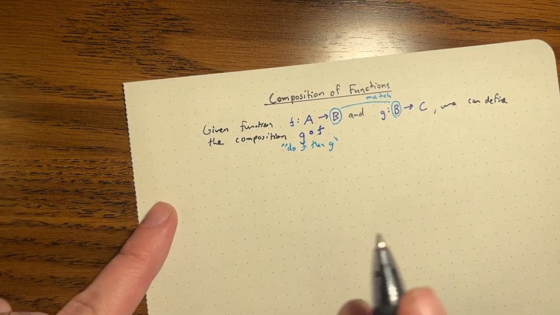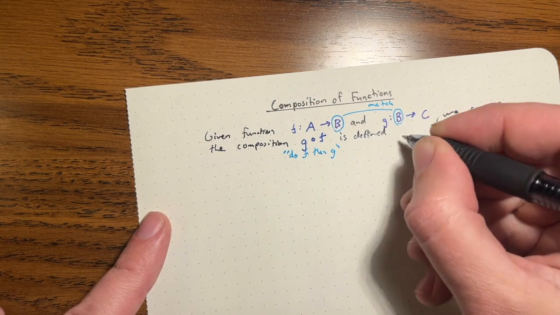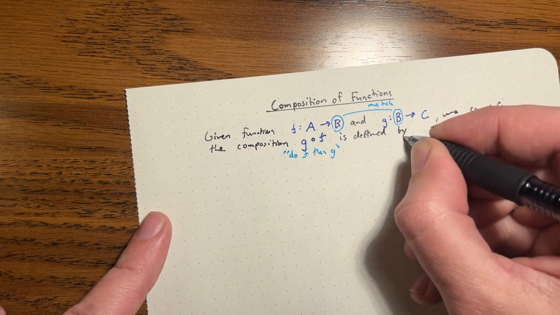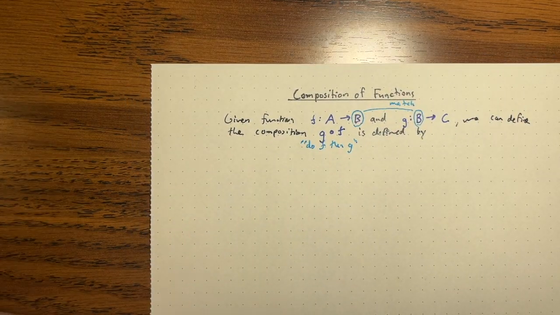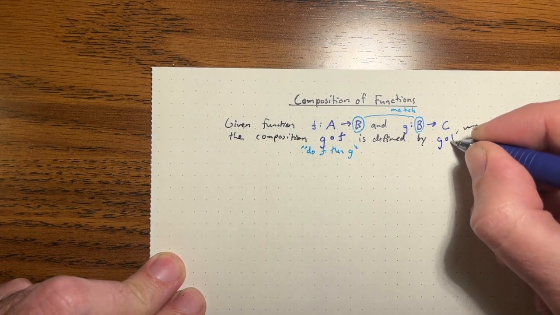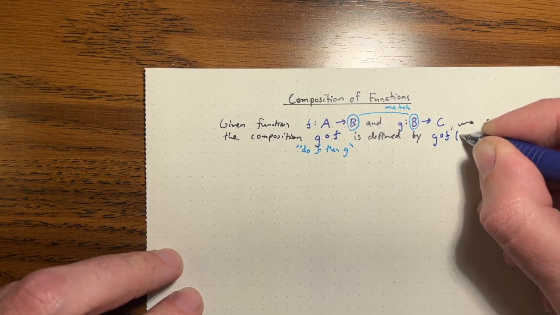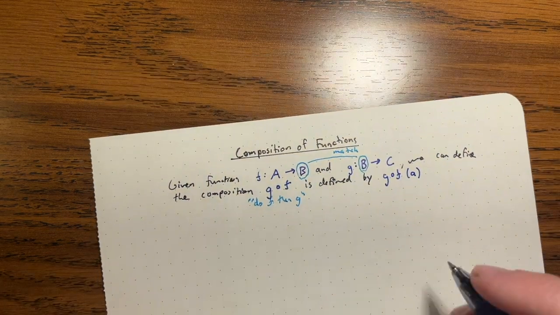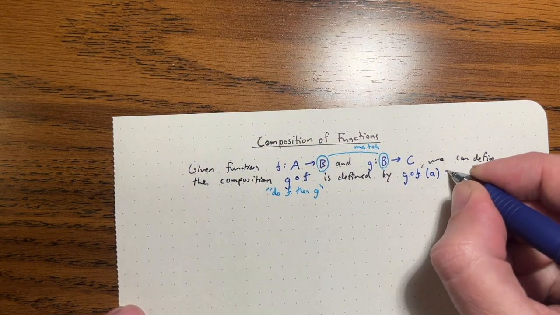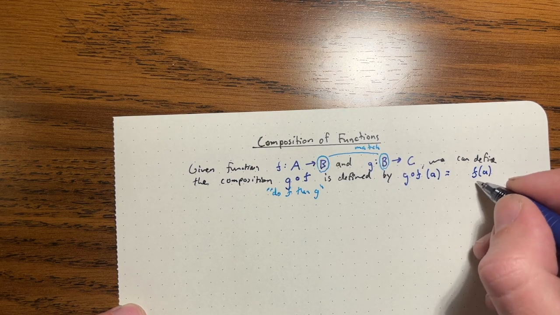So this composition is defined by the following formula. (g circle f) of some element a in A is going to be, well, you do f of a, then you do g of whatever this says.